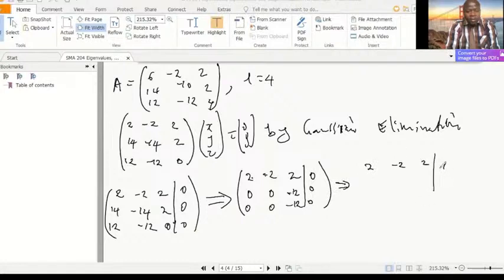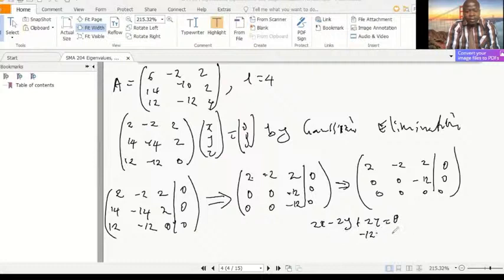So you could ignore one of them, but let me just write this. So what I now have is that 2x minus 2y plus 2z is 0, and I also have negative 12z is 0.